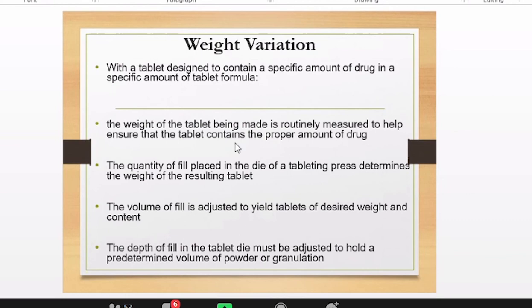If, however, you have less than 16, then that batch will have failed. So the implication is that from the 12 additional tablets, you can only afford to have 1 tablet failing the disintegration test. That's the limit that you have.